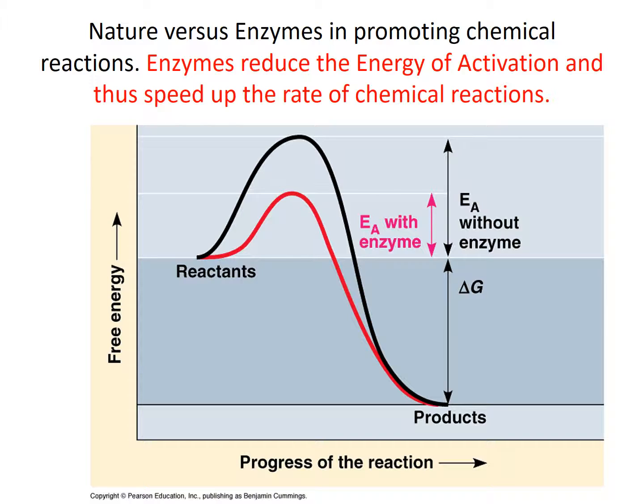I already mentioned in class that the breakdown of hydrogen peroxide from H2O2 to water and oxygen gas can happen on its own, albeit very slowly. One single catalase enzyme molecule can undergo 40 million reactions per second. So it speeds up this process tremendously.